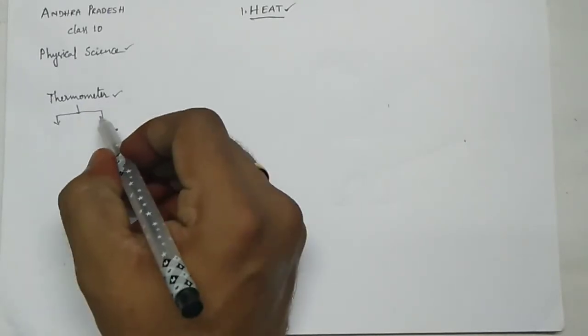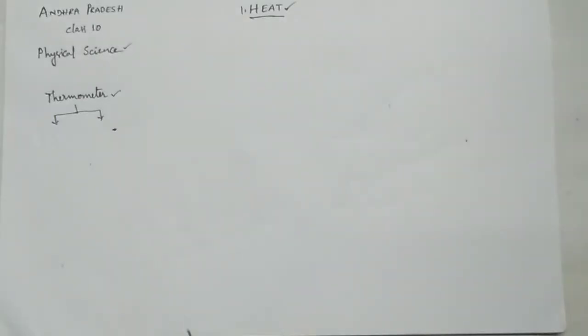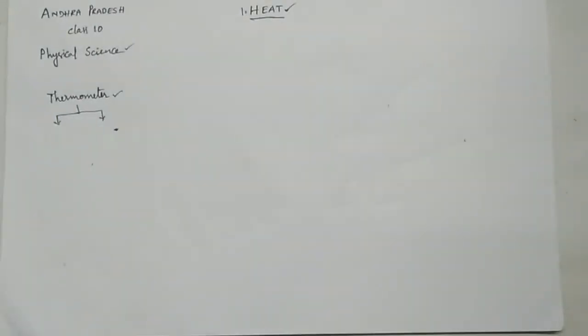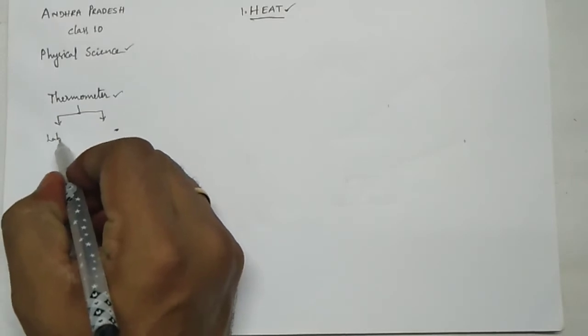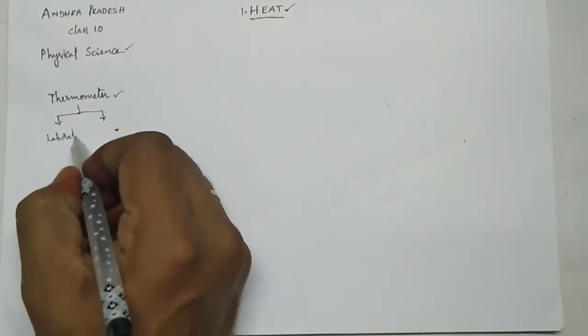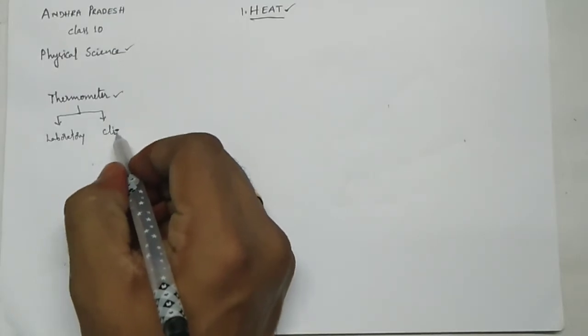In fact, there are several varieties, but in your class 7 you studied two types: one is the laboratory thermometer, another one is the clinical thermometer.